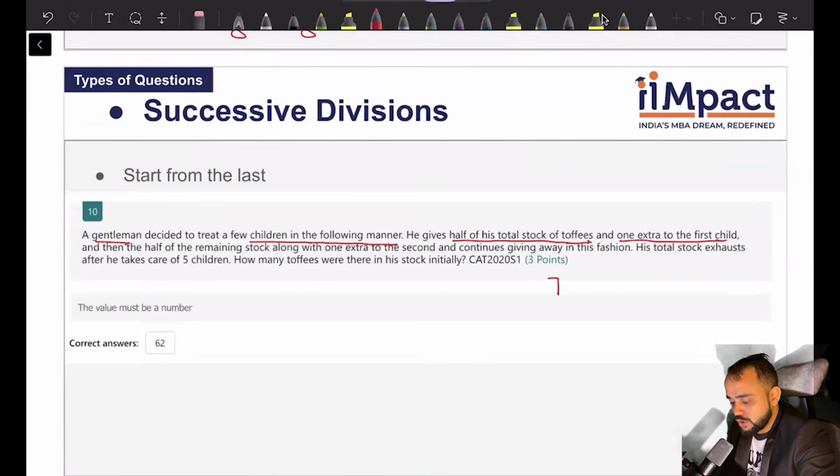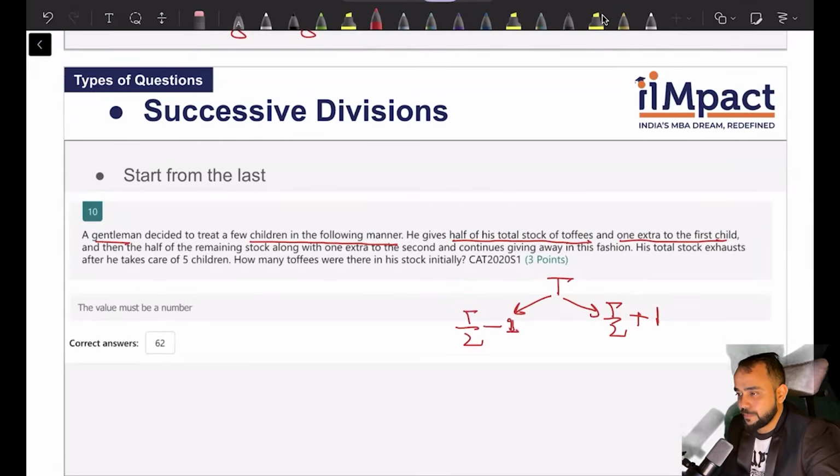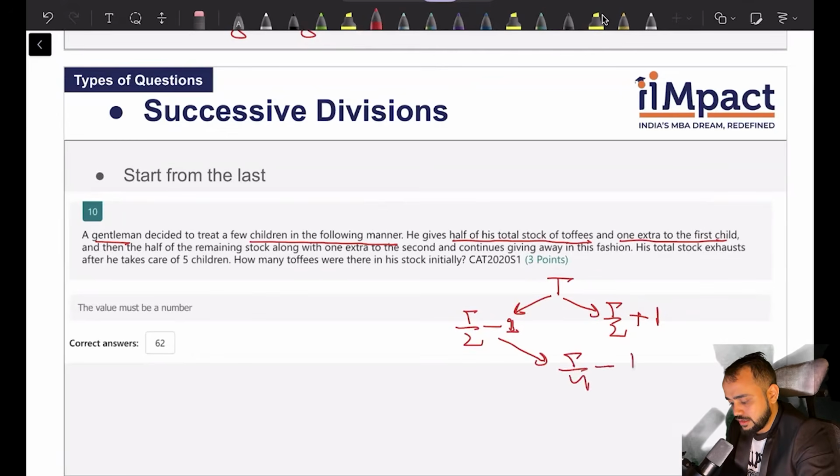So let's say he had total t, he gives half plus 1 to the first child, which means he is left with t by 2 minus 1. Now to the second child he will give half of this plus 1. He will be left with t by 4 minus 1 by 2.